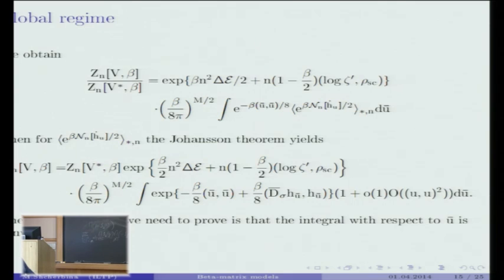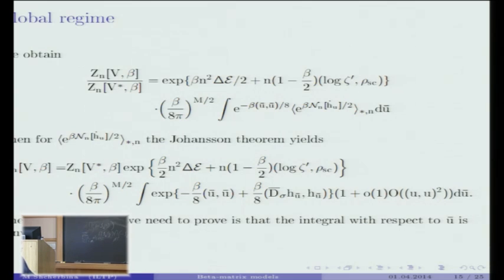This guy is just a quadratic form with respect to u, because hu was linear, and uk was multiplied by psi k when you apply some operator and then take the scalar product. Of course, you obtain something quadratic with respect to u, and you have to care only about this integral. If it is convergent, then you can compute whatever you want without any problem.